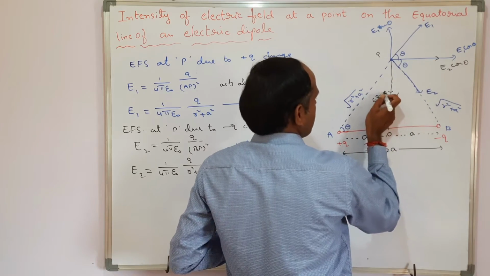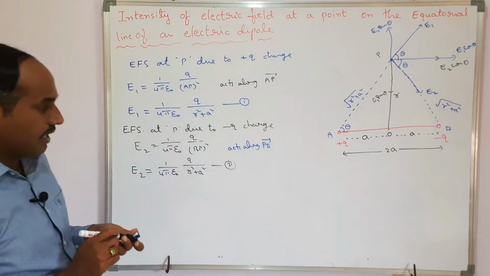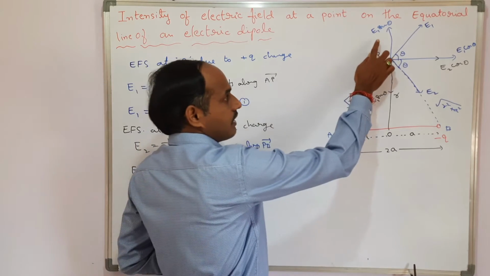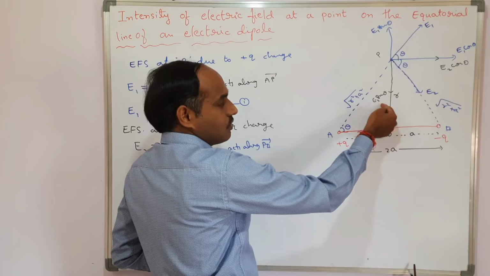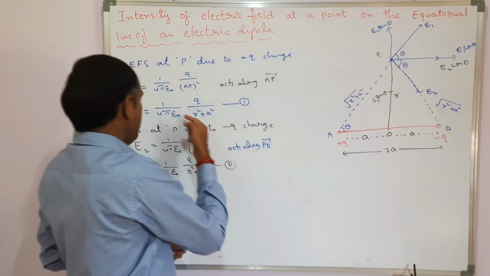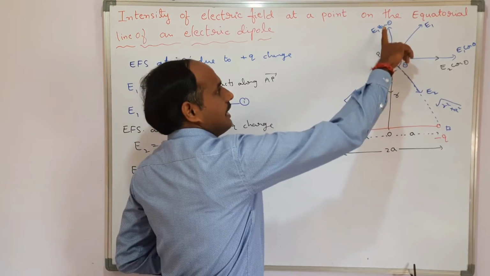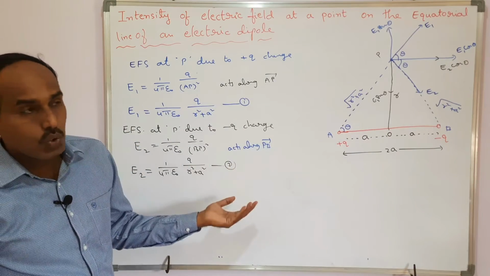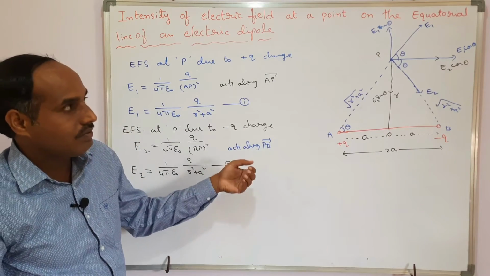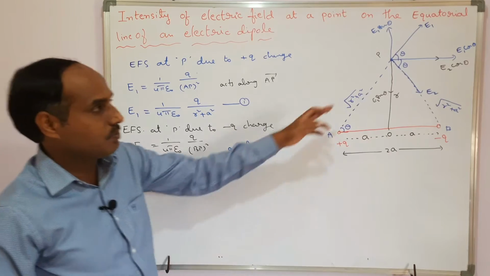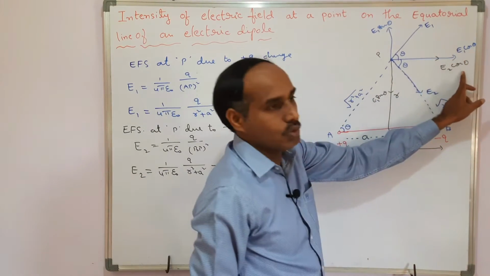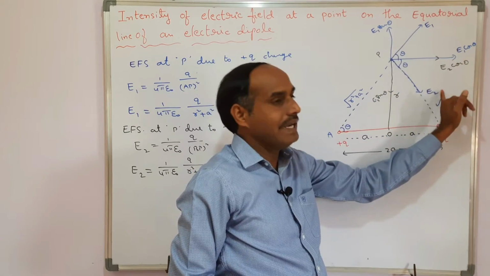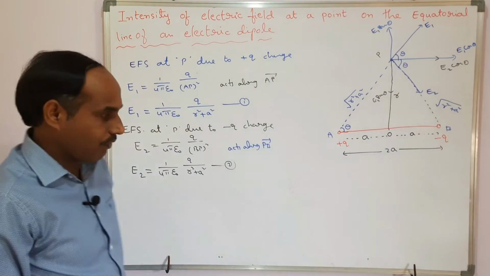Here, when I come to the net electric field strength, the vertical components of the electric field due to the positive charge as well as the negative charge are equal in magnitude but opposite in direction, so they cancel each other. So when finding the expression for the resultant electric field strength at this point, the sum of the horizontal components of the electric field strength due to the positive charge and negative charge is the net electric field strength.